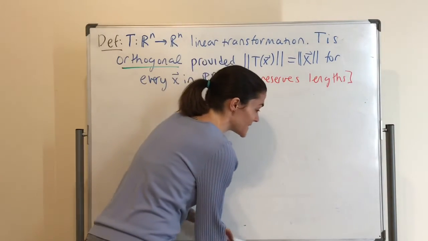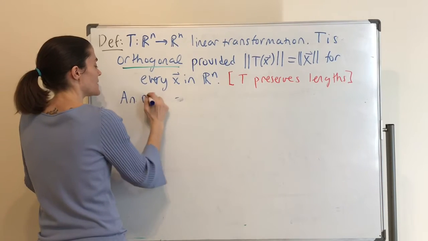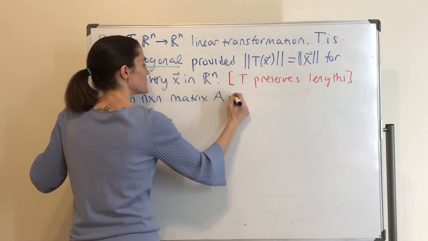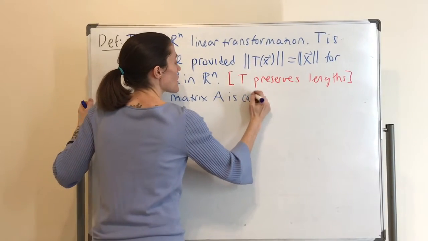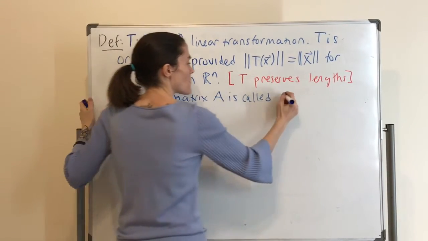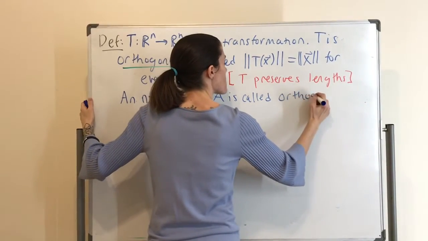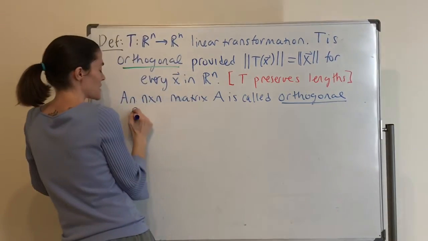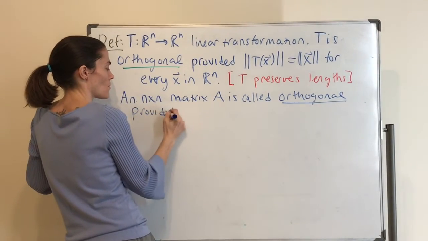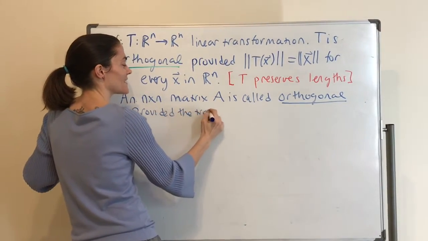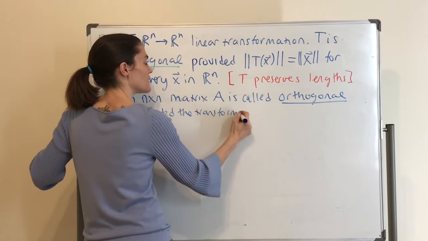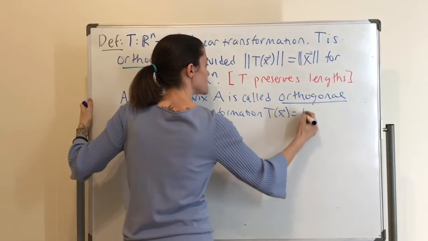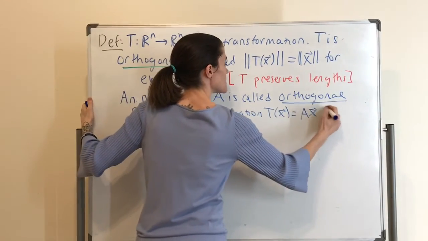And then the definition: an n by n matrix A is called orthogonal provided the transformation T of x, which is Ax, is orthogonal.